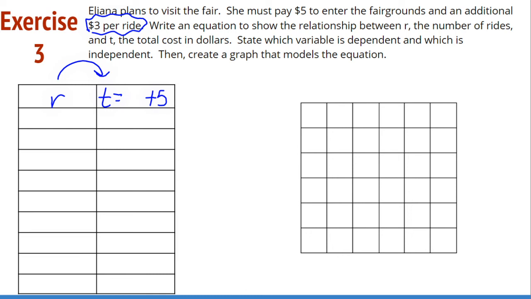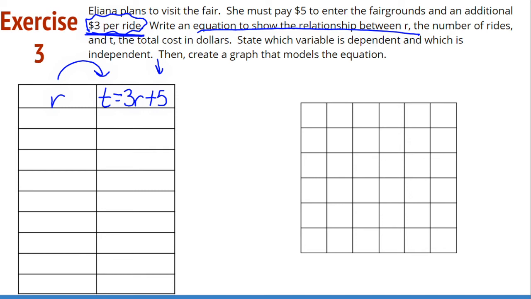My dependent variable is how much this trip to the fair is going to cost. And it says it's $3 per ride, so I know that I take the rides and multiply it times 3. So I have my independent variable, I have my dependent variable, I have my equation, I have included my $5 flat fee, and it says I am creating a graph that models the equation.